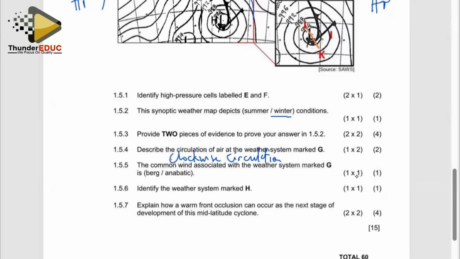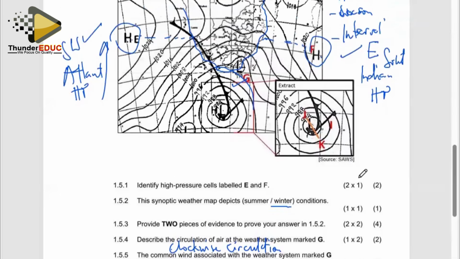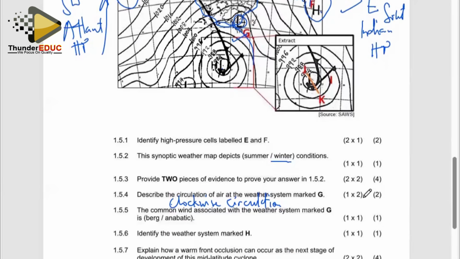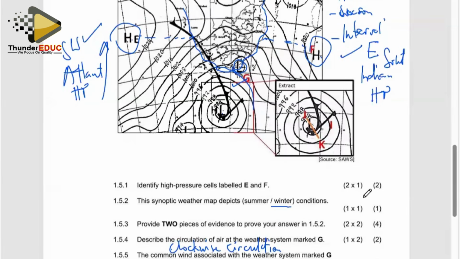Next, it asks for the common wind associated with the weather system marked G. Let's look at the weather system marked G. What kind of weather system is associated? This is a coastal low. See a low pressure here. For the same reason, this is a coastal low. What is happening with the coastal low? Remember, we said coastal lows move from the western coast to the eastern coast.